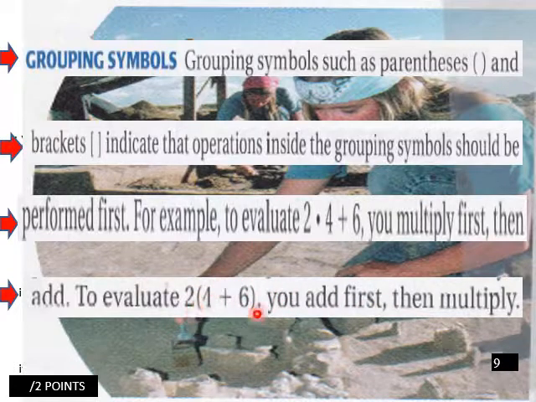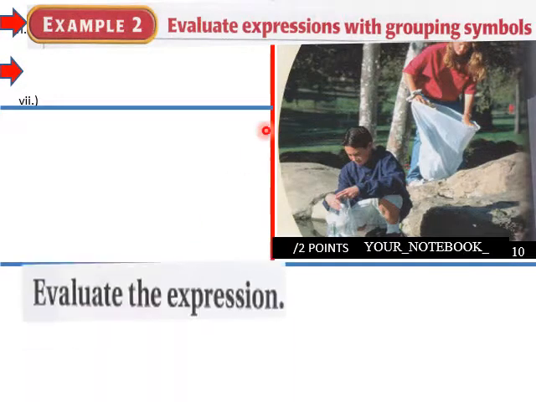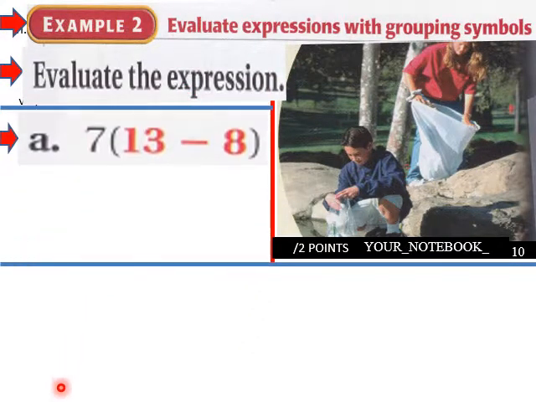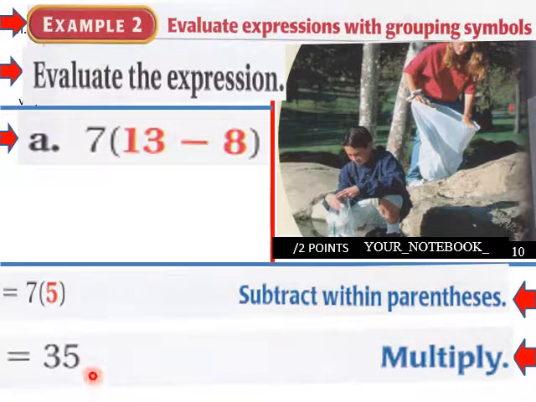The grouping symbols here, the parentheses, would make you do this first, then multiply. So, evaluate expressions with grouping symbols. We got 7 times 5 because this is first, inside parentheses, and then we do our multiplication. Subtract within parentheses, and we get 35.